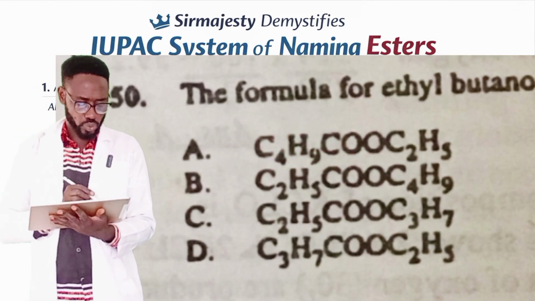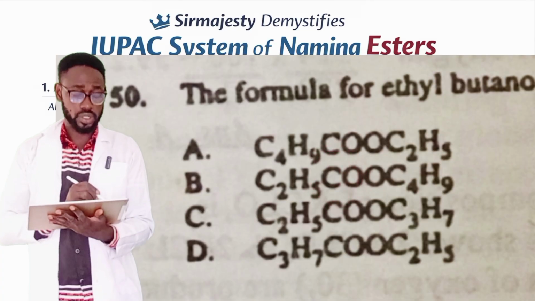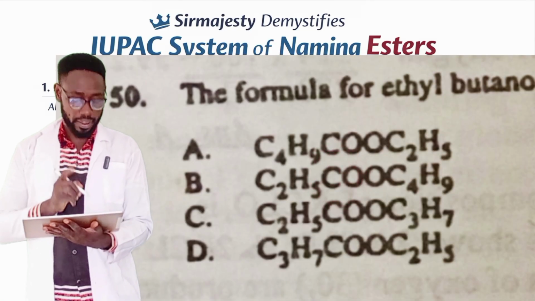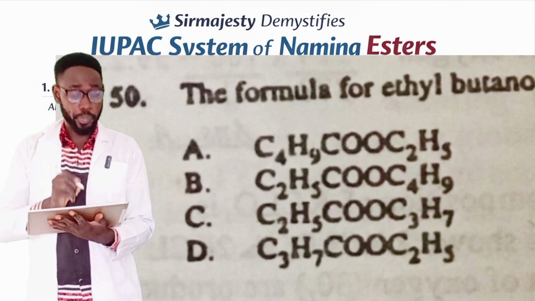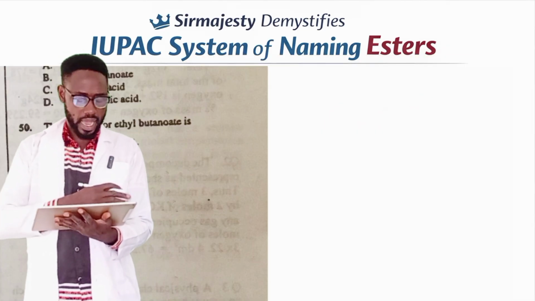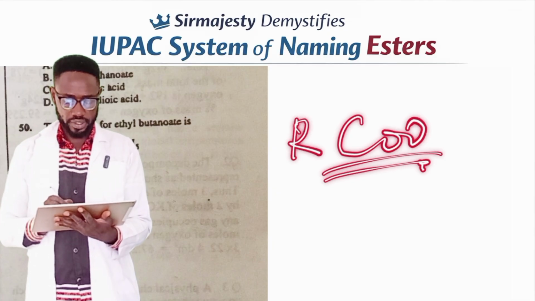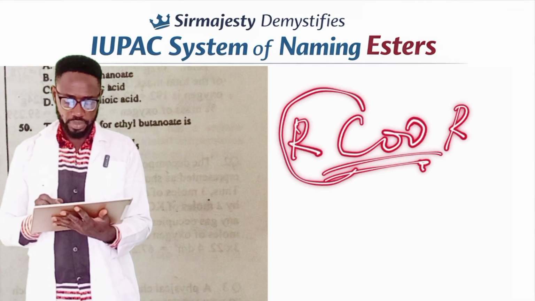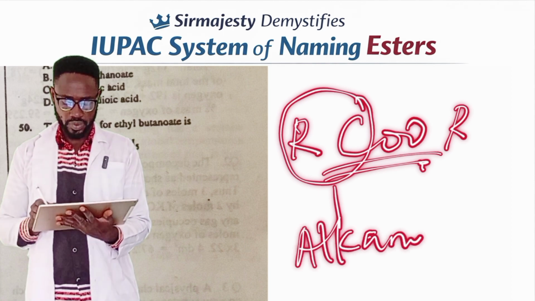Then option B is what? How many carbons? We have 2 here. You add it to this C again. 2 plus 1 is 3. So that we have butyl propanoate. Always add that C in the COO to the first R. Remember, we have RCOOR'. You name these two collectively to take the alkanoate name.